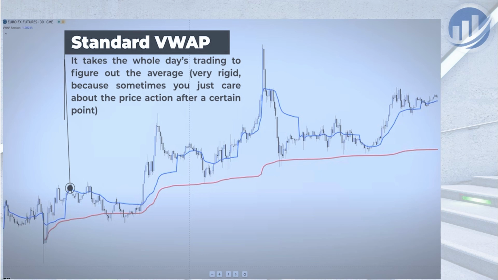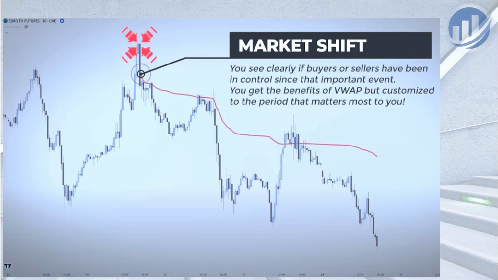All right, so you can see the difference between the standard, which is the blue VWAP line, and then the Anchored VWAP line, and you can see which one actually is relevant to a trader. And I've told you why. Standard VWAP just takes, in this case, a day's volume weighted average price, and that's all it gives you. So market shifts is where you want to anchor the VWAP, and I mentioned that.